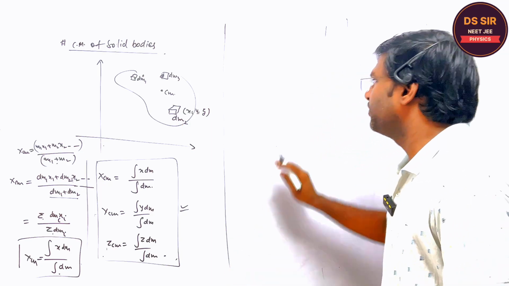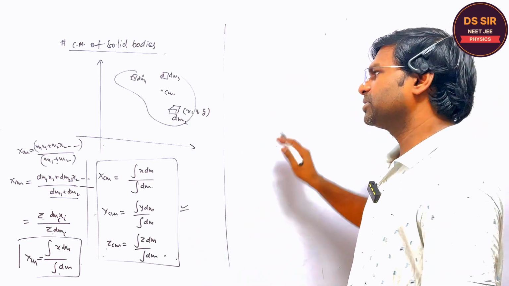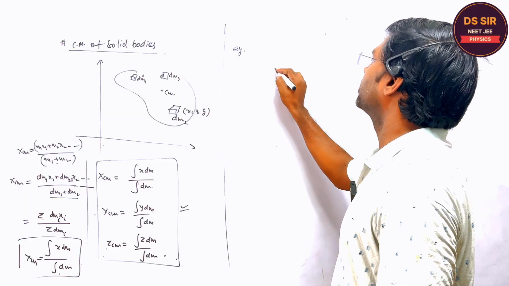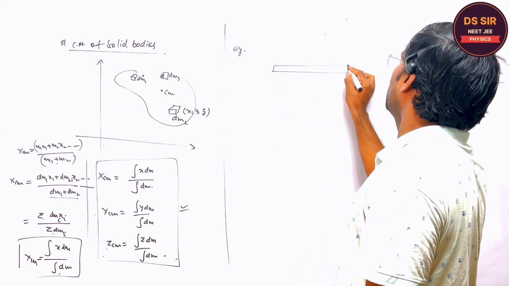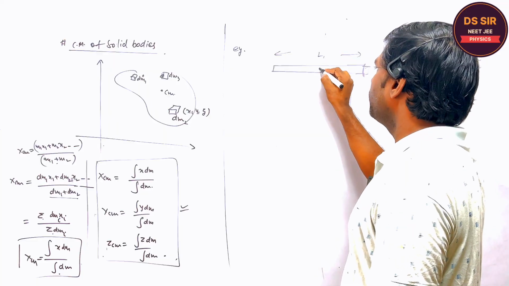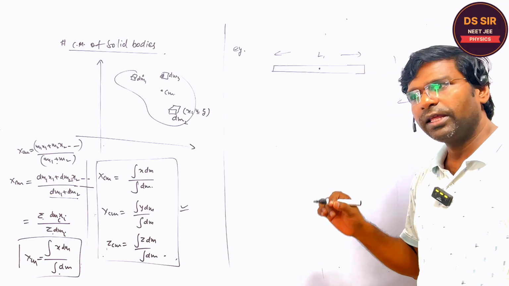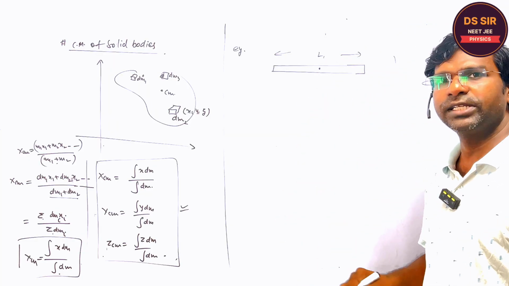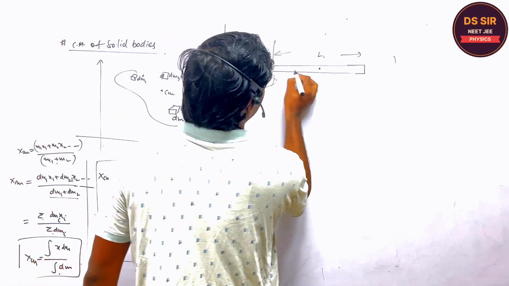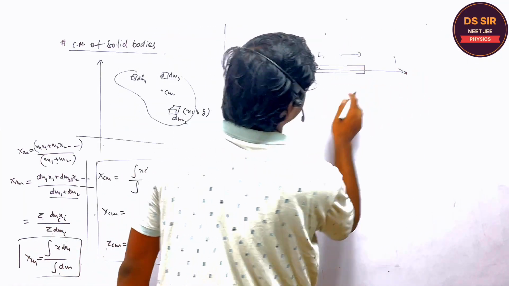So this is the formula for the center of mass of a solid body. We can apply this formula to find the center of mass of some solid bodies. A very simple example I am taking. Suppose this is a rod. The rod is a solid body of length L and mass m. Although we know the center of mass will be in the middle of this rod, how to find it? Suppose you place this rod on the x-axis.